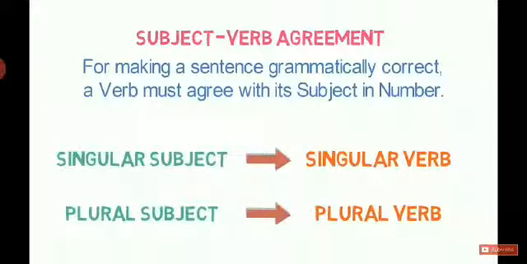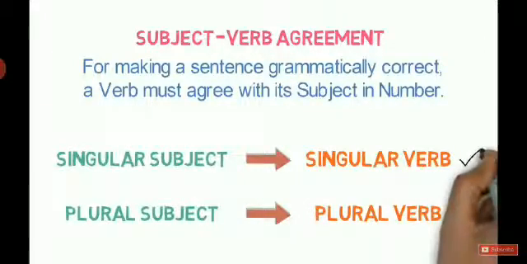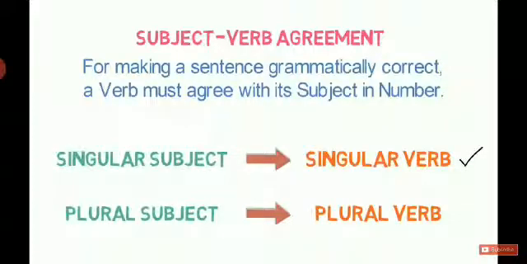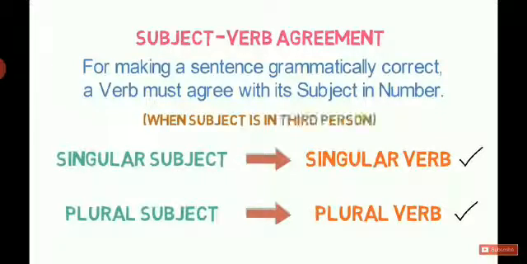So this is the first general rule. I am repeating, a singular subject must have a singular verb and a plural subject must have a plural verb. This is the main thing, and we have to understand that when the subject is in the third person, this rule should be applicable. Clear?